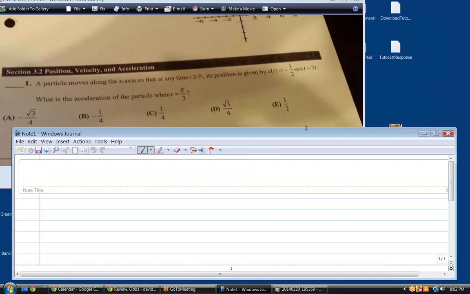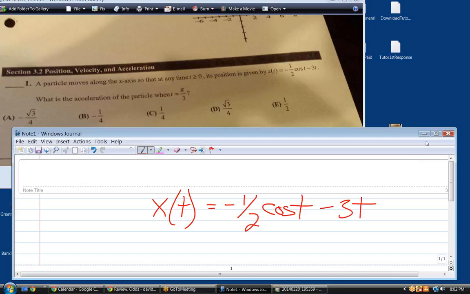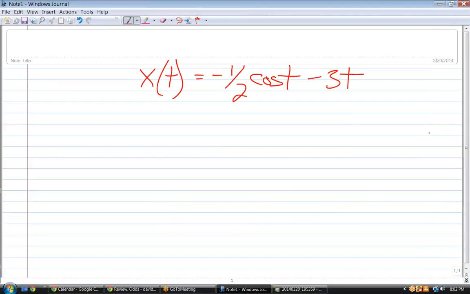Okay, how are we going to do this one? We'll have to take the derivative, the second derivative, right? Yes. So let's take the first derivative.